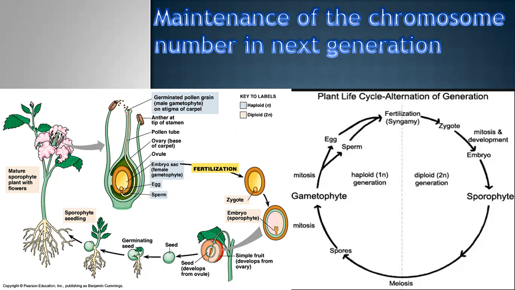In the ovary, you can see it has an ovule, and that ovule is called the egg. And in these anthers, pollens are formed; both of them are formed by meiosis.